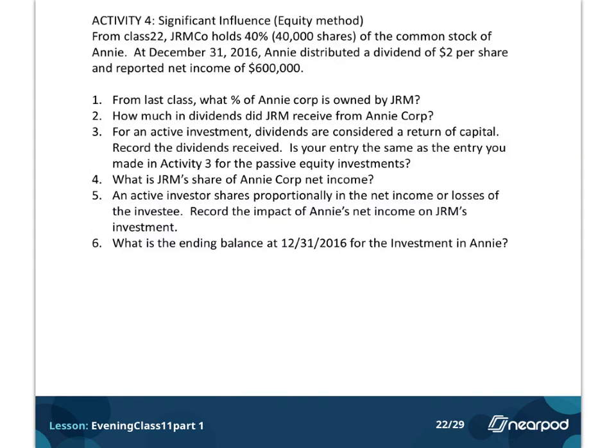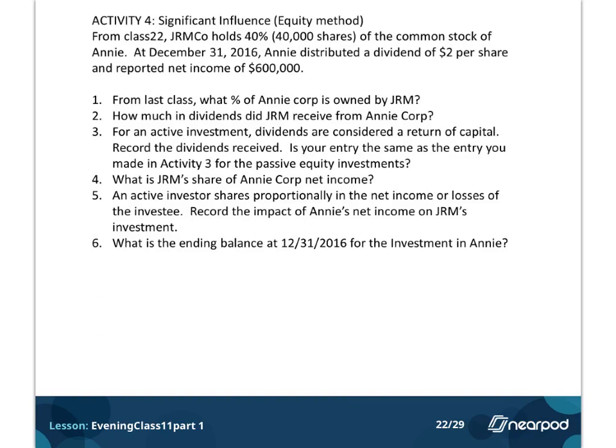All right, so now we're going to look at some subsequent measurement. Now with the equity method investments, if you flip back to that handout, we're going to have to keep track of dividends. We treat them as a return of capital, and we're going to keep track of our share of the investee's income or losses.